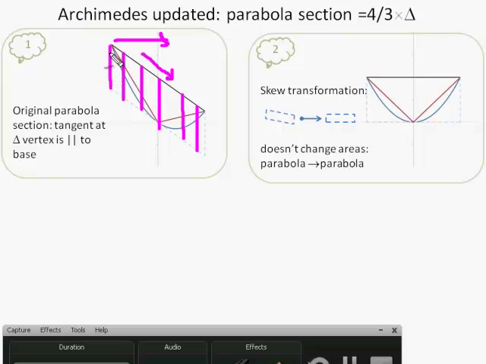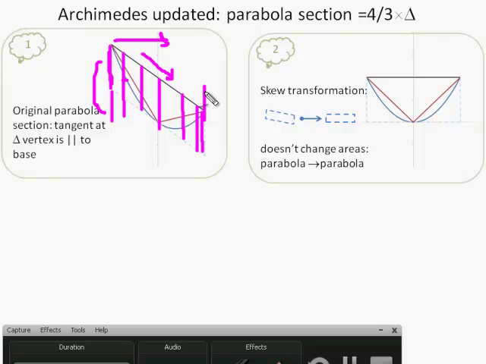In other words, let me shift this one down so that the lower point just touches the x-axis. Let me shift the next one down so that its lower point just touches the x-axis, and so on. I'll have to shift this one up so that its lower point touches the x-axis.